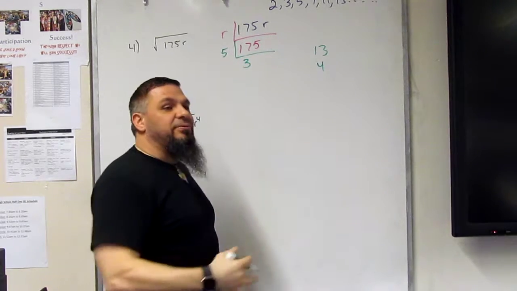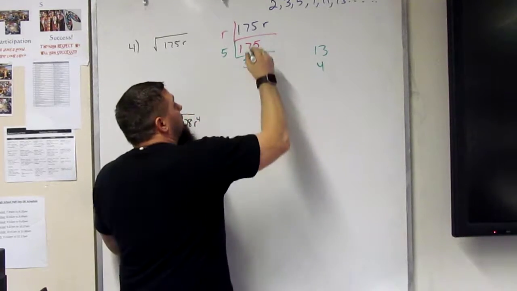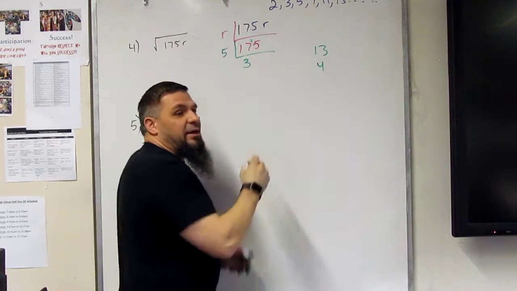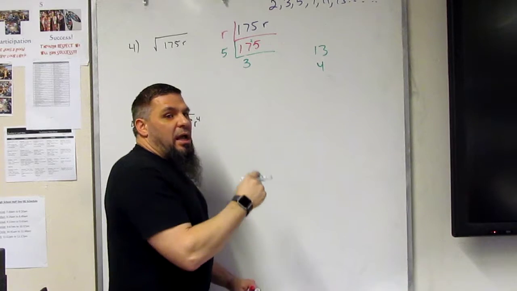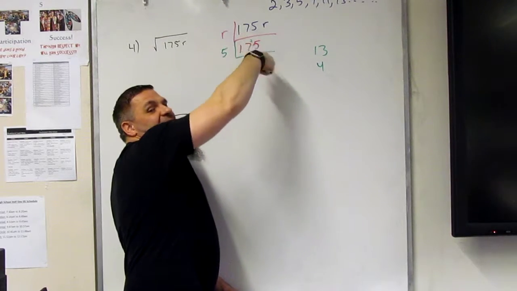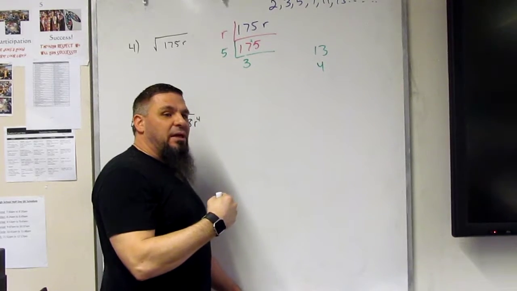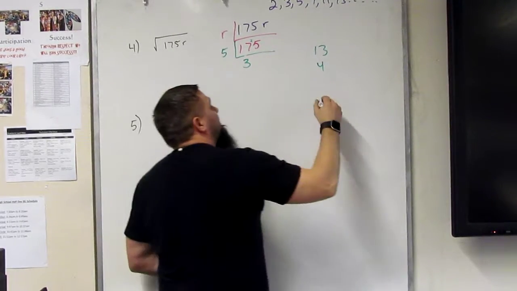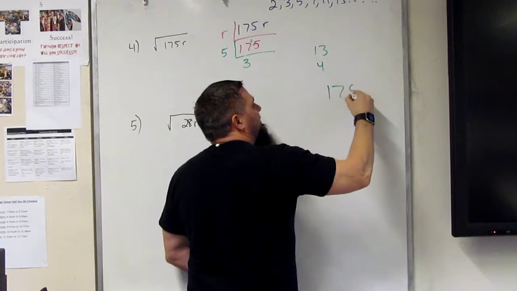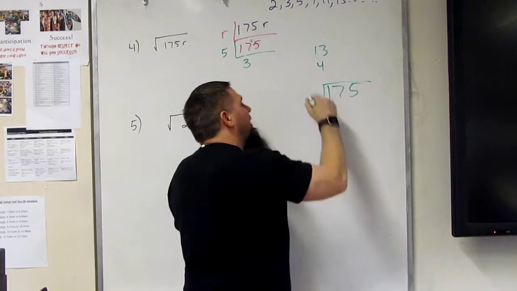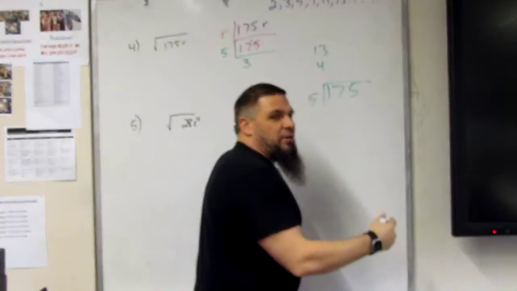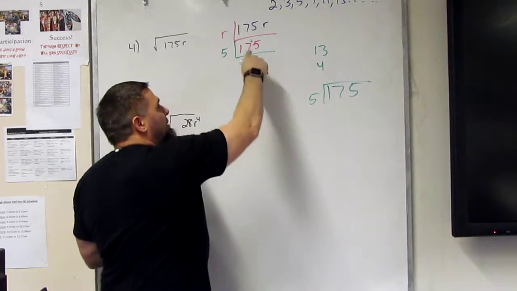And how many left over? 2. So I put the 2 right there, and the 2 is telling me 25. Short means I don't have to go to the side and do 175 divided by 5, carry the 2, all that. I can do it right here.